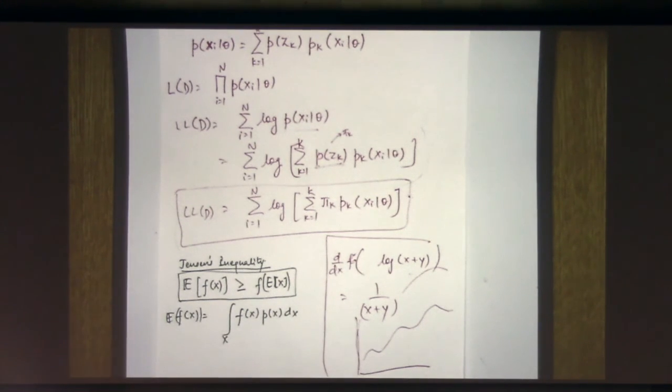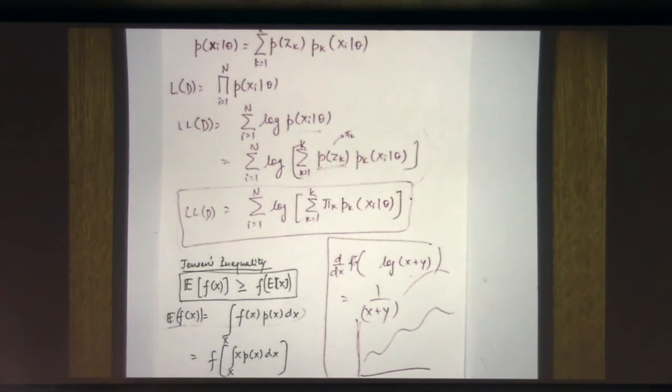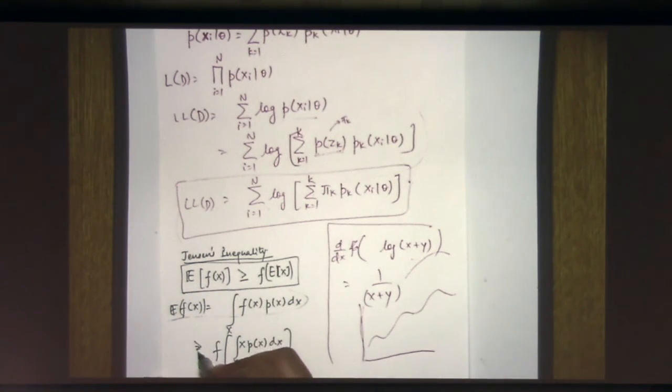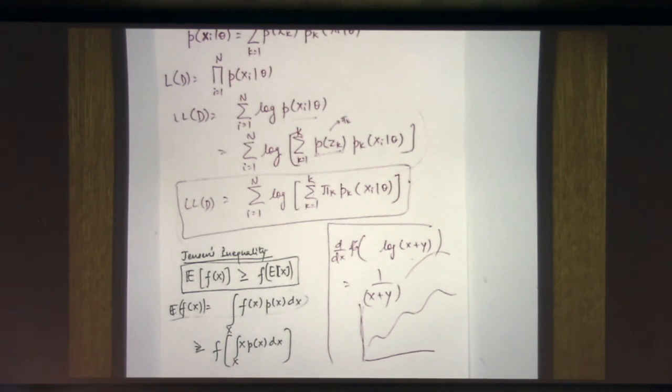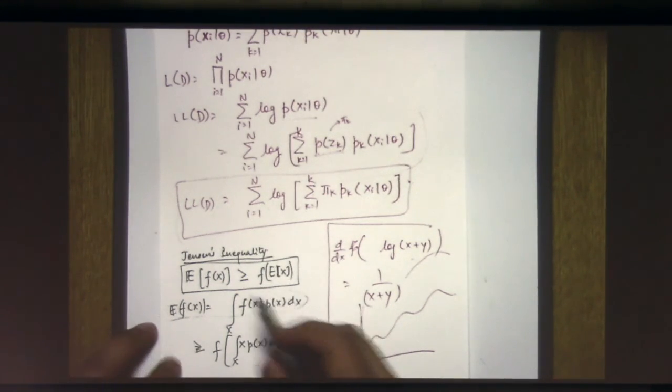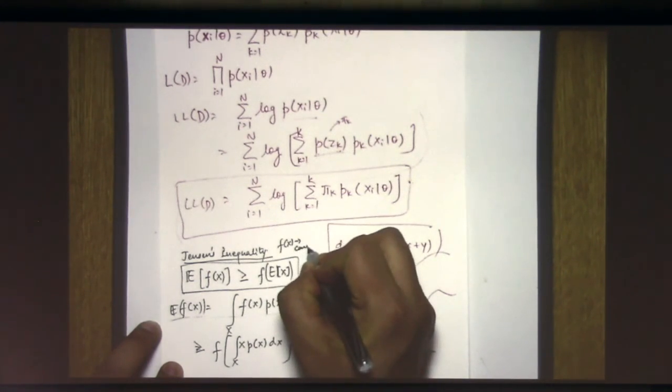This value will always be greater than or equal to what you get by computing the integral of x p(x) dx, which is the expectation of x, and then applying the function to that. This holds when the function f(x) is convex by itself.